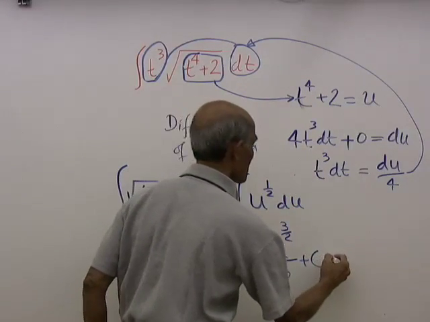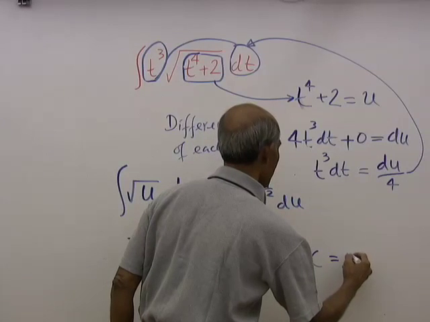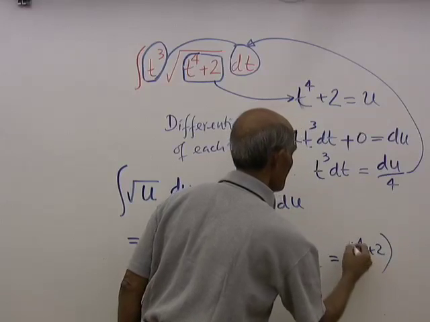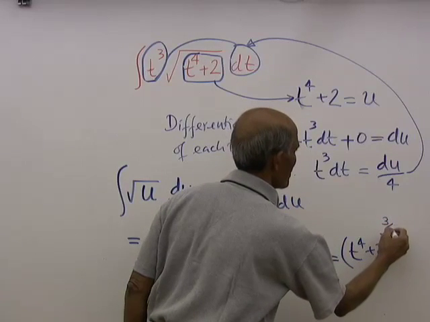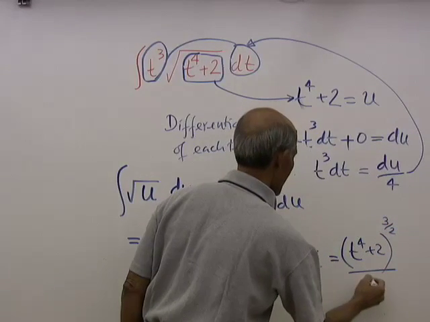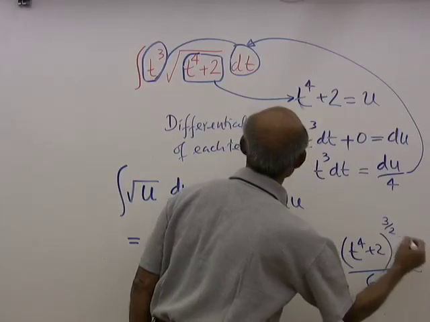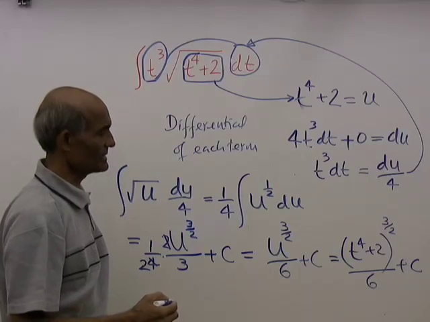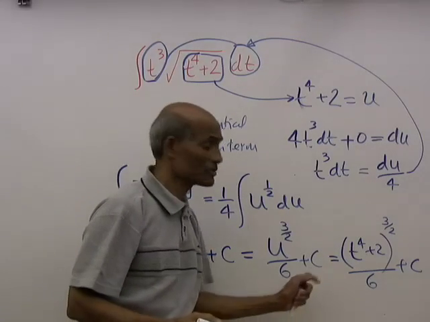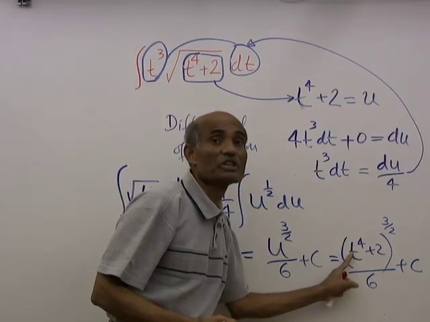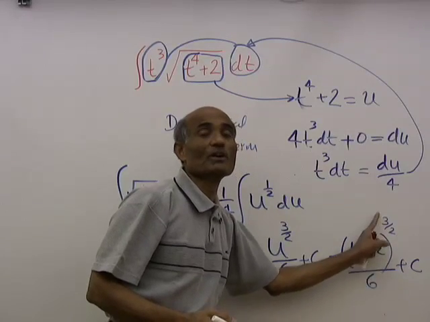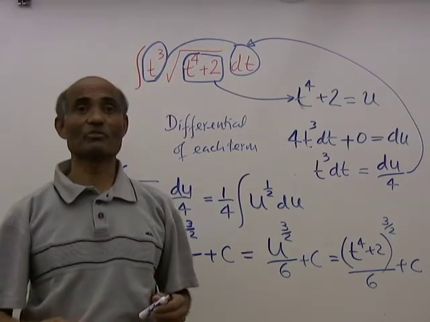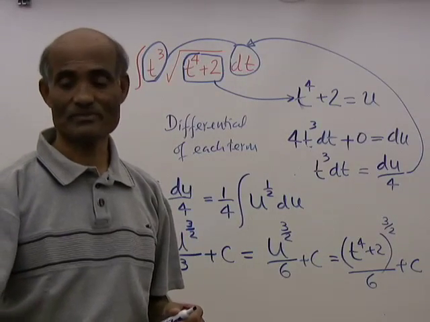So our answer will be, therefore, (t to the power of 4 plus 2) raised to the power of 3/2 divided by 6 plus c. That's right. Or you can write it as 1/6 (t to the power of 4 plus 2) raised to the power of 3/2 plus c, and that's the result of the integration.